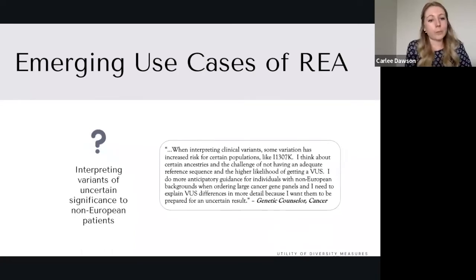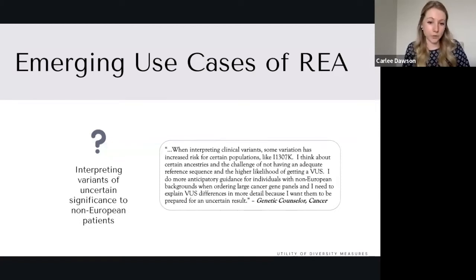For interpreting variants of uncertain significance to non-European patients, a cancer genetic counselor shared, when interpreting clinical variants, some variation has increased risk for certain populations. I think about certain ancestries and the challenge of not having an adequate reference sequence and the higher likelihood of getting a VUS.